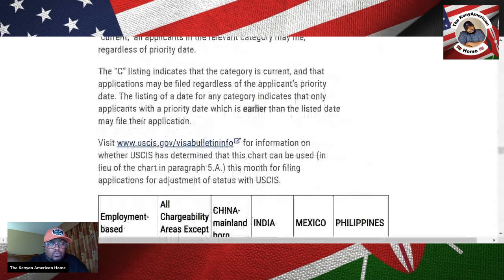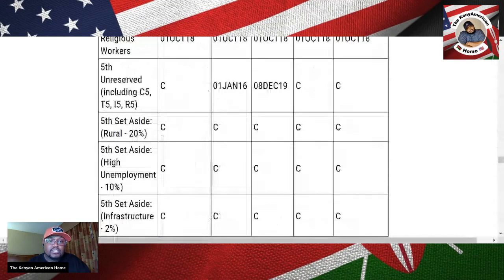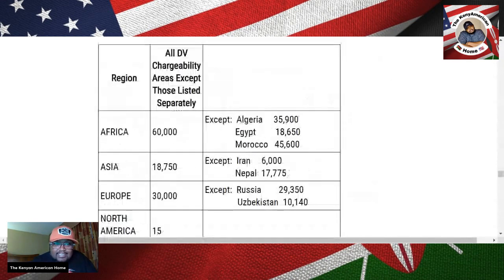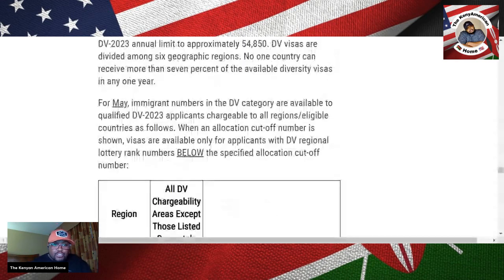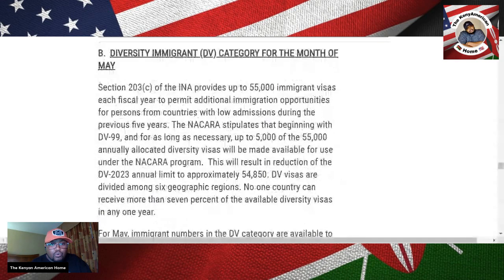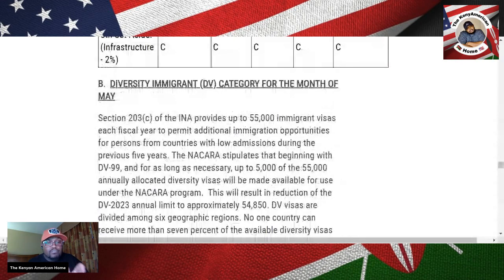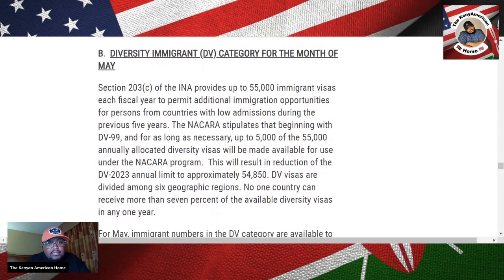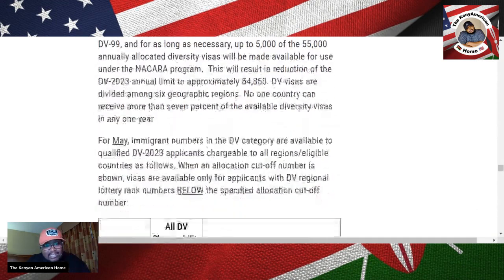But what I really want to focus on is the DV lottery cases. If you come to the visa bulletin, it will tell you what visas are being processed now.